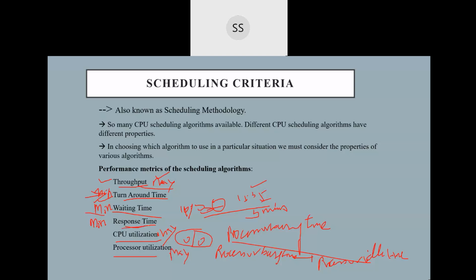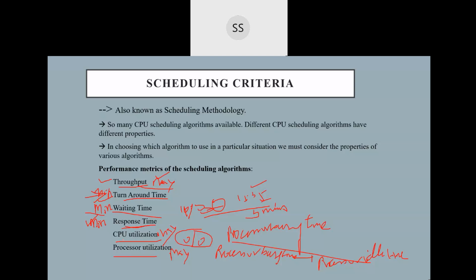Response time is the time duration until the first response is presented, so this should also be minimum. CPU utilization must be maximum so that we utilize the maximum resources.